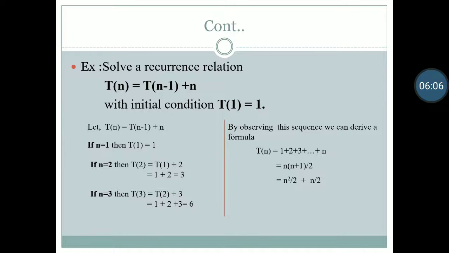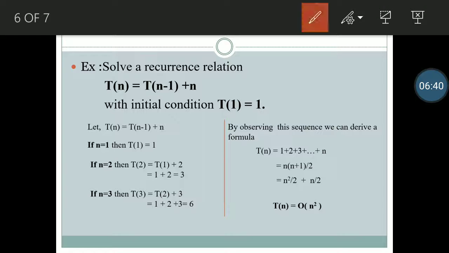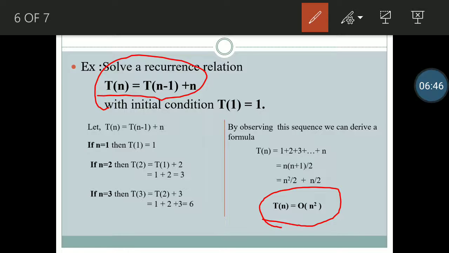By generating the formula, if we multiply n with this bracket, it will become n squared by 2 plus n by 2. So our equation is n squared by 2 plus n by 2, and we can say that it is of the order of n squared. So for this recurrence relation, T(n) = T(n-1) + n, the solution is of the order of n squared.